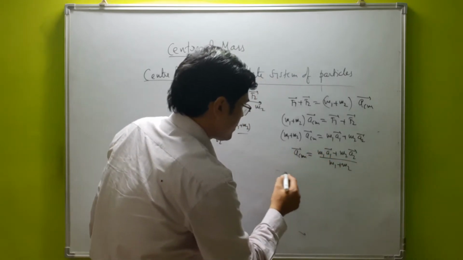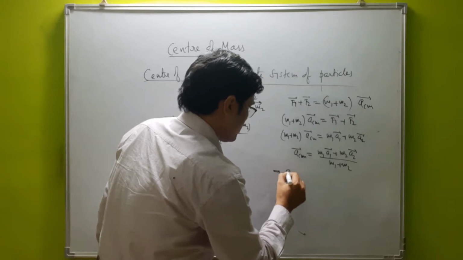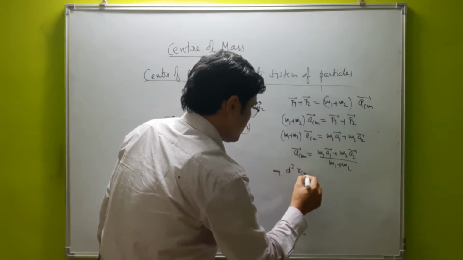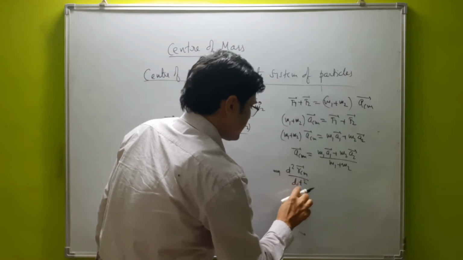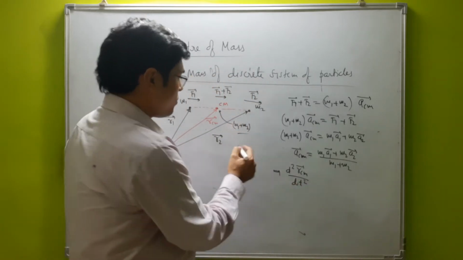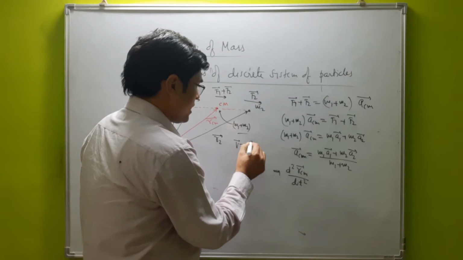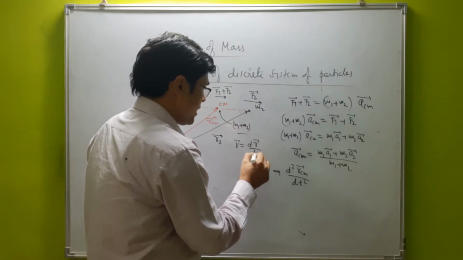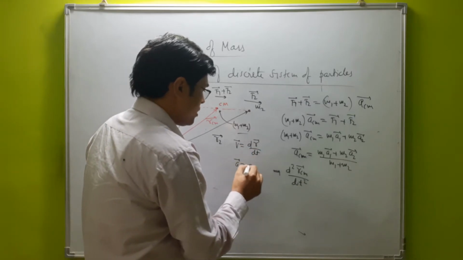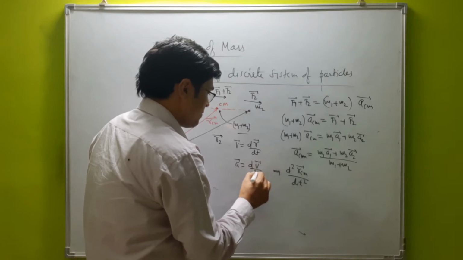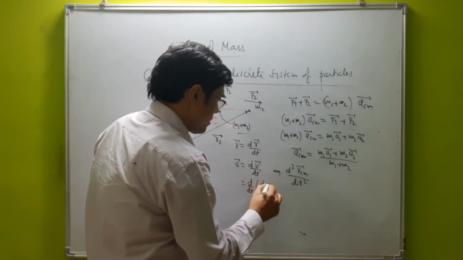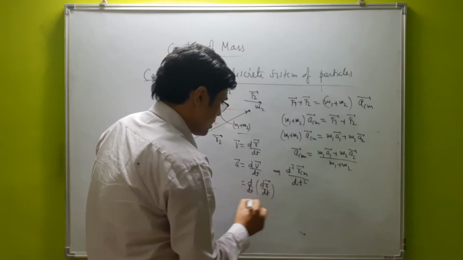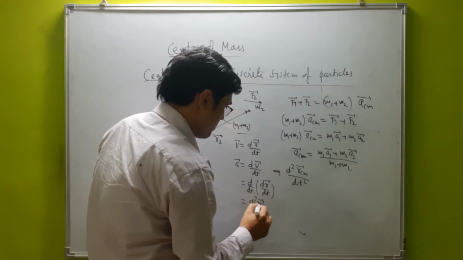Now this can be written as d square RCM by dt square, right? We know that velocity is dr by dt and acceleration is dv by dt, so acceleration comes to be d square r by dt square.